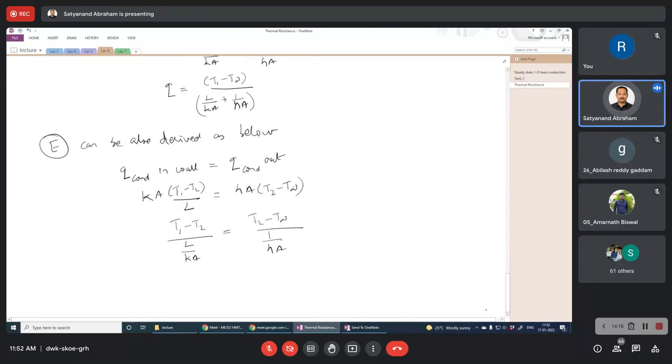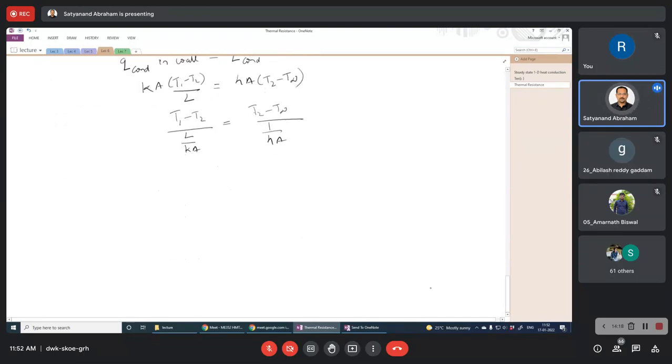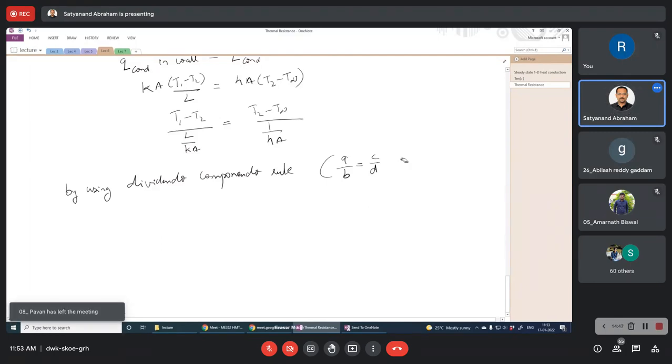Now we are going to use a particular theorem known as the dividendo componendo rule. What it says is if a by b is equal to c by d, then it is equal to (a plus b) by (a minus b) equal to (c plus d) by (c minus d).